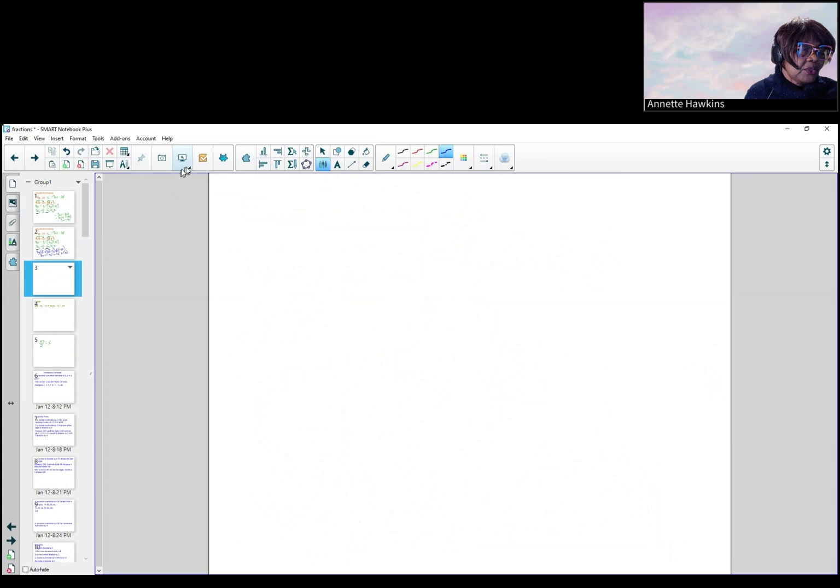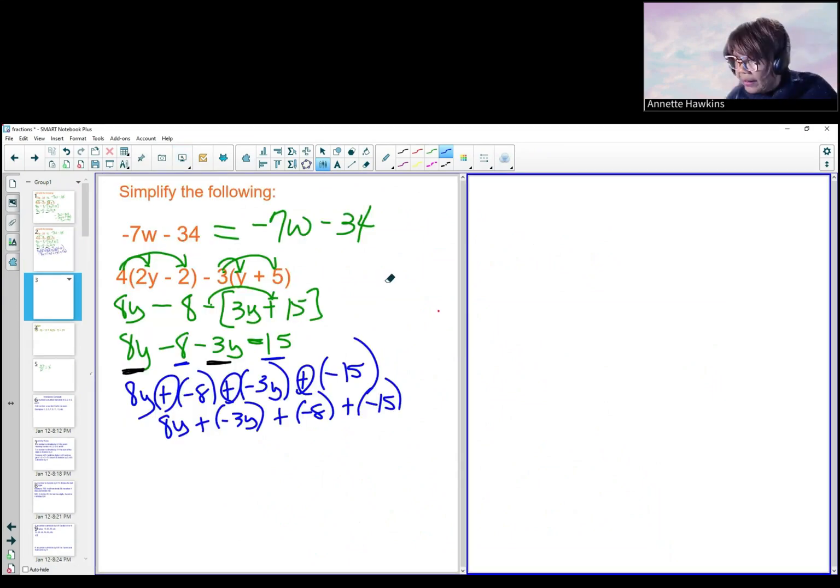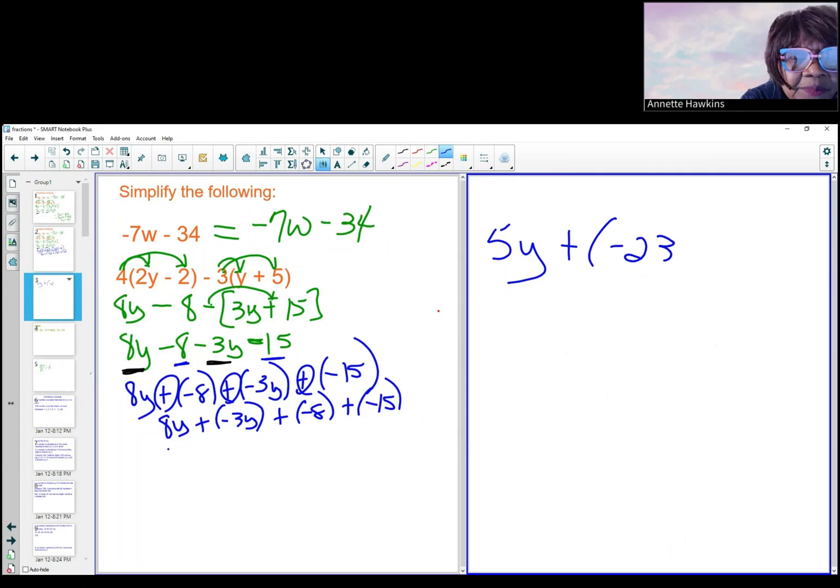And now I'm going to combine 8 plus negative 3, which is 5y. Negative 8 plus negative 15 is negative 23.